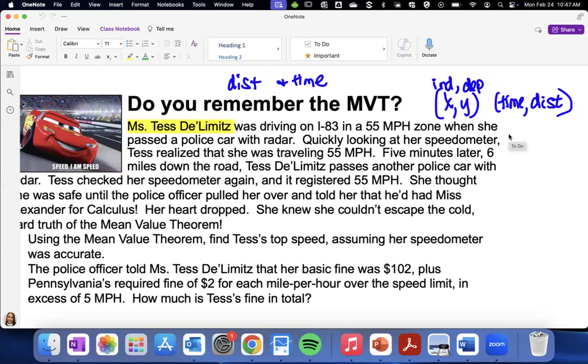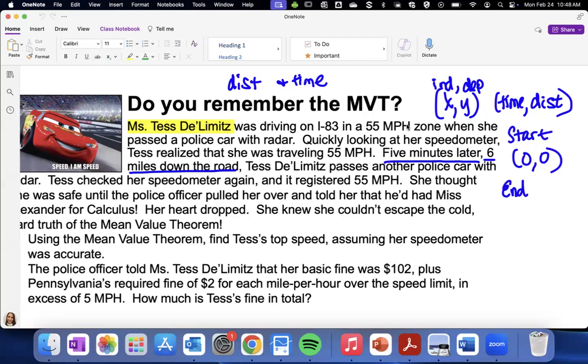So Ms. Tess Delimits was driving on I-83 in a 55-mile-per-hour zone and passed the first cop car. Then 5 minutes later, 6 miles down the road. So my initial starting point is going to be at 0 time, 0 distance. That's my start. My end is going to be at, well, think about what your units are.